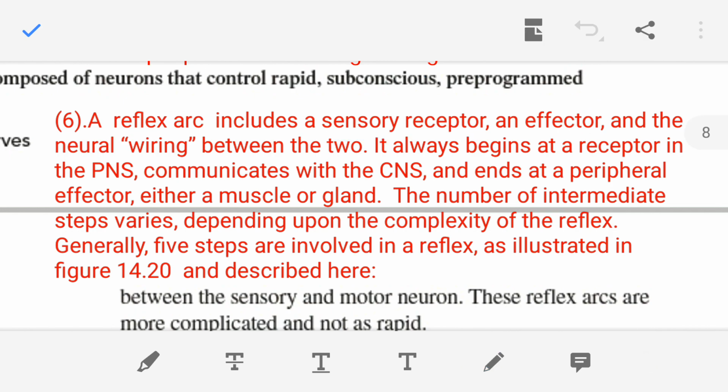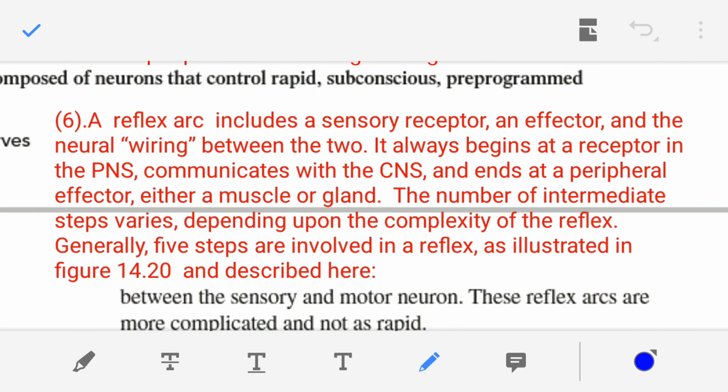Now, a reflex action always begins at a receptor, and receptors are present in the peripheral nervous system. Then from the receptor, the nerve impulse propagates via the sensory neurons or the nerve to the central nervous system, that is your brain or the spinal cord.